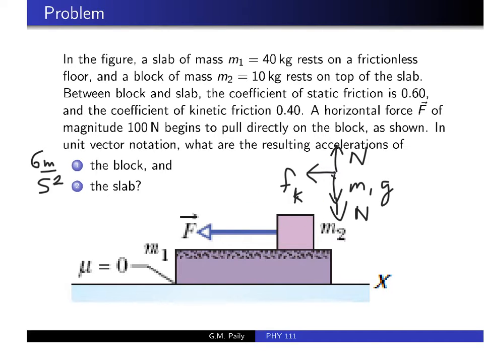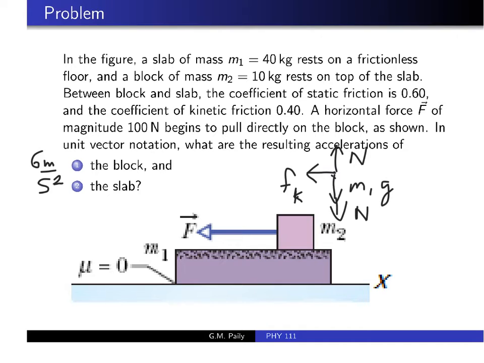And like every reaction pair, this points in the opposite direction. That is, it points to the left. It has the same magnitude of 40 newtons and points to the left. This is the only horizontal force, in fact, acting on M1, because there is no friction between the ice or the frictionless floor and the slab M1.